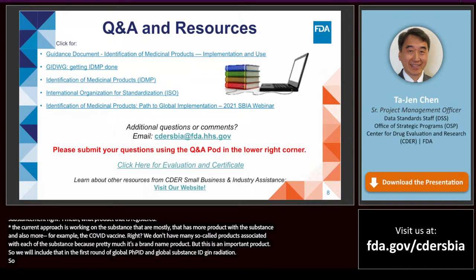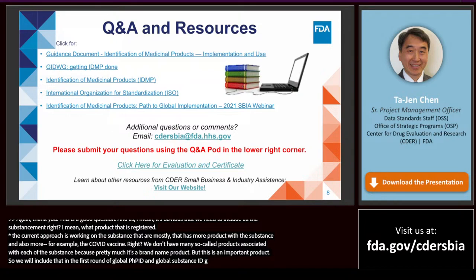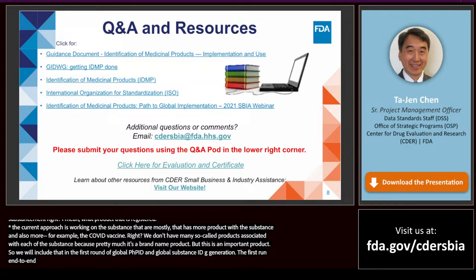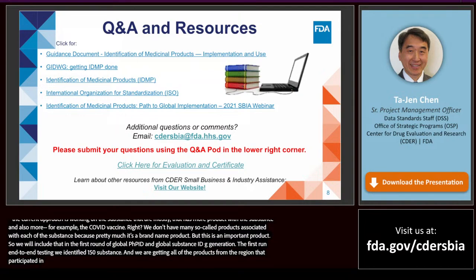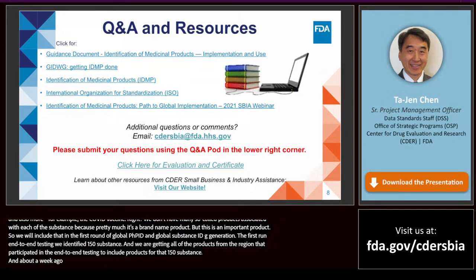For the first round of end-to-end testing, we have identified 150 substances, and we are getting all of the products from the regions that participated in the end-to-end testing to include products for those 150 substances. Just about a week ago, FDA submitted 51,353 products based on that substance list of 150.